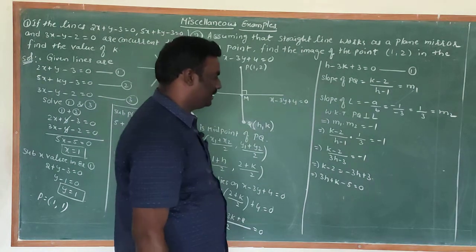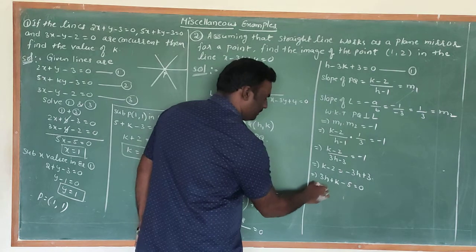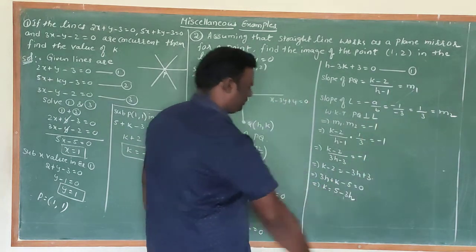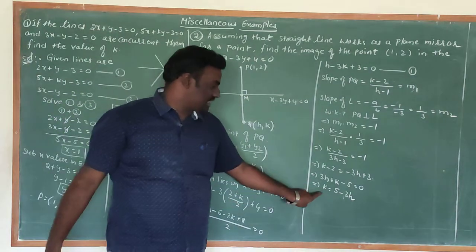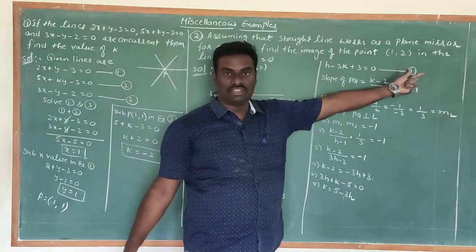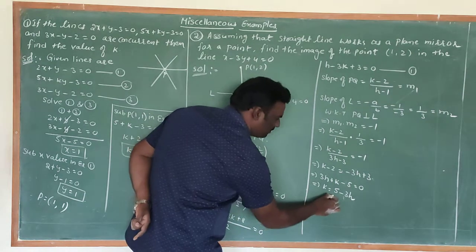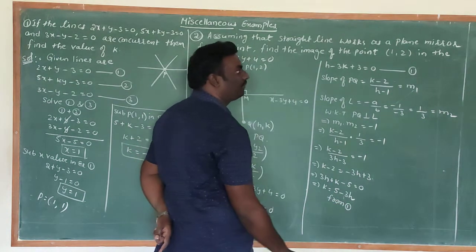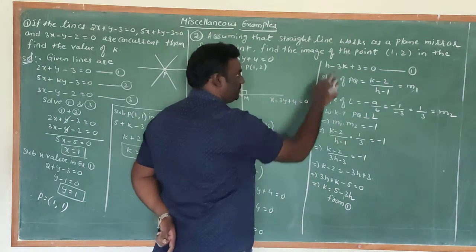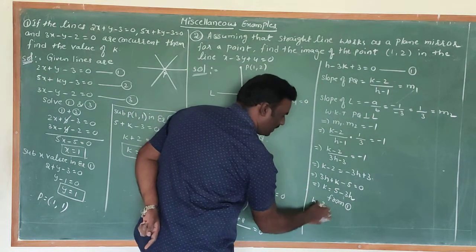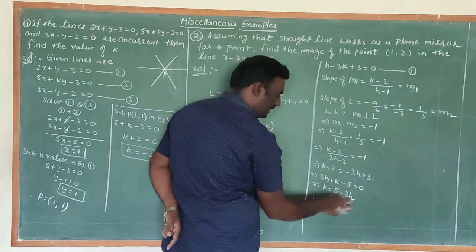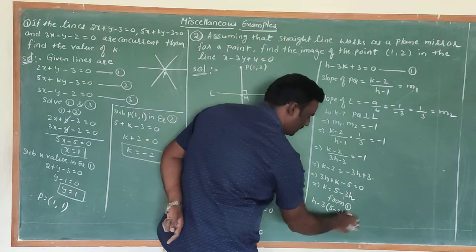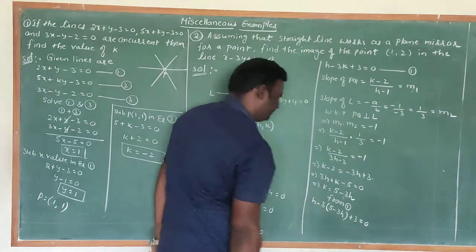From this, k can be written as 5 minus 3h. Substitute this k value in equation 1. From equation 1, h minus 3 into, in place of k I can write 5 minus 3h, plus 3 equals to 0.